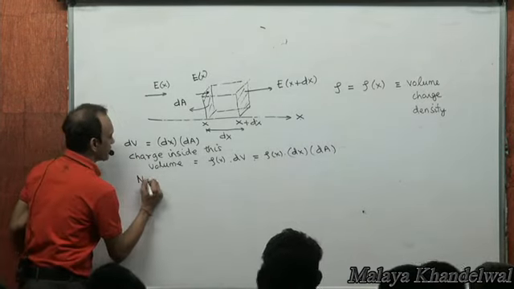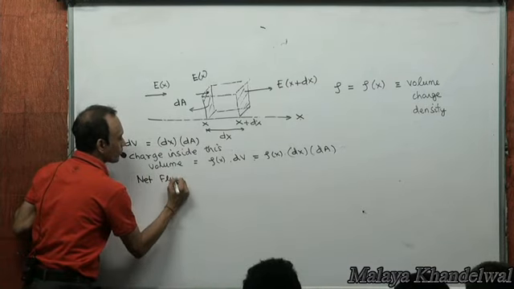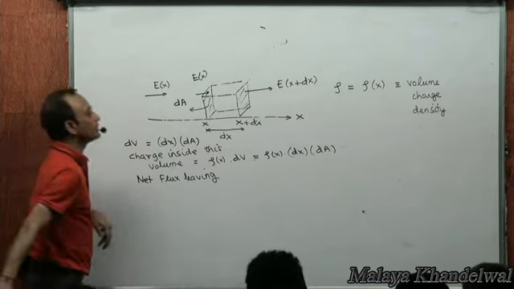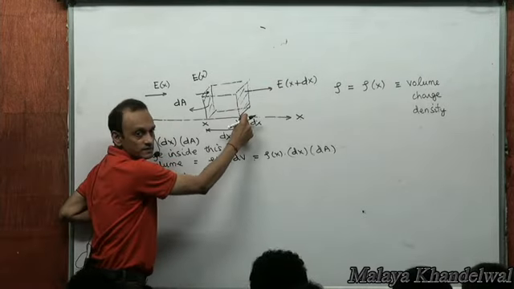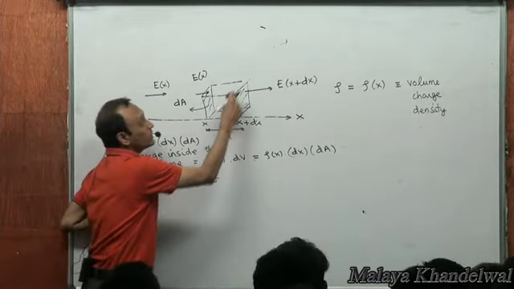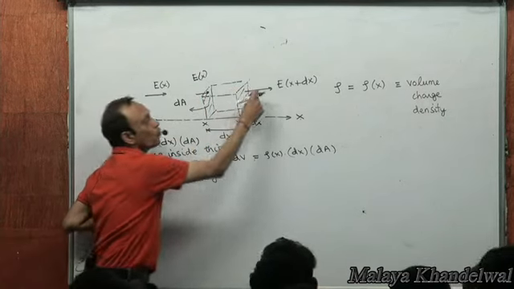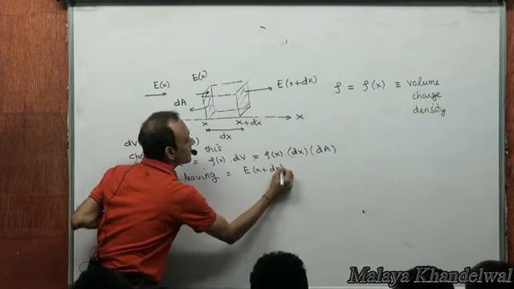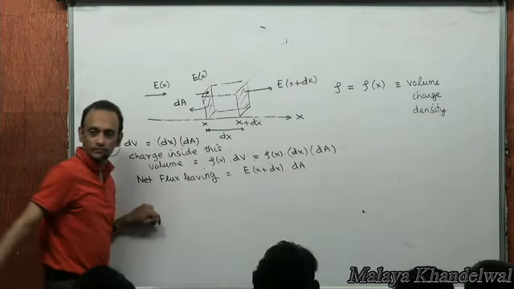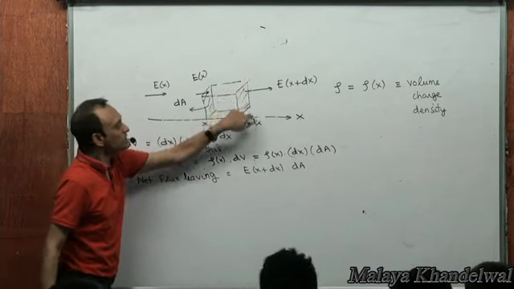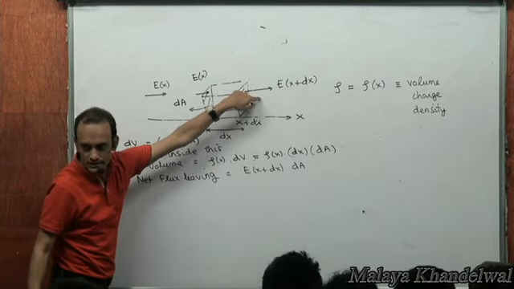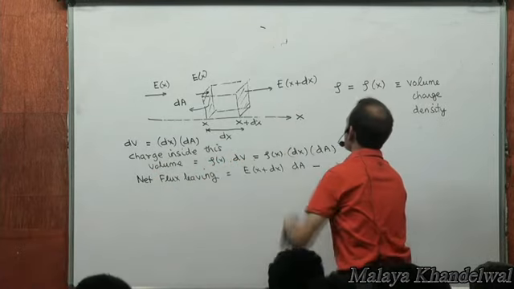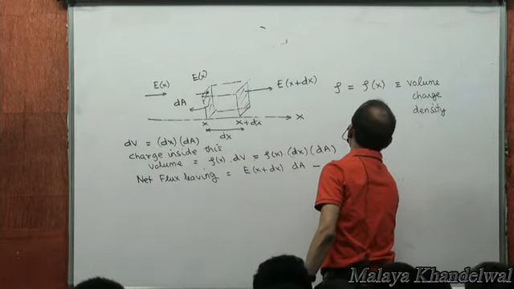Net flux leaving is what leaves minus what enters. What leaves is E at x plus dx into dA, the electric field on this face into the area of this face. Minus what enters, which is E at x into dA.